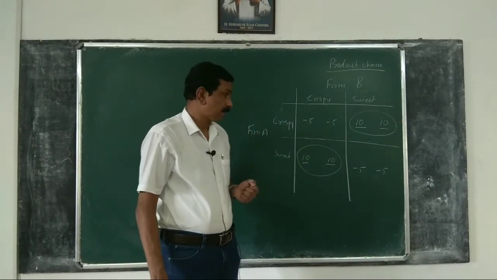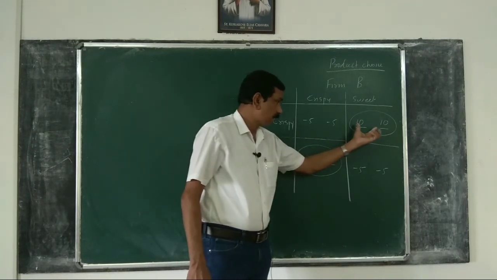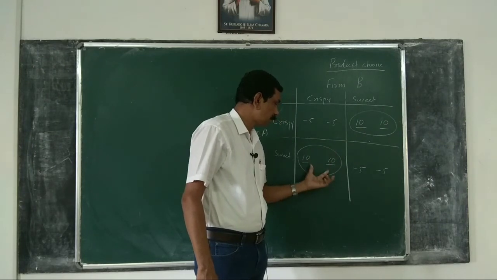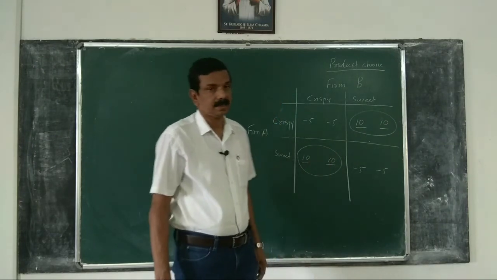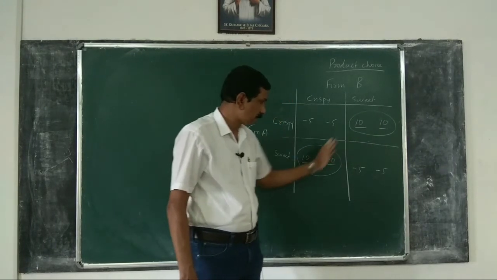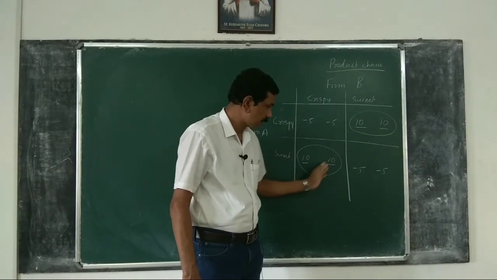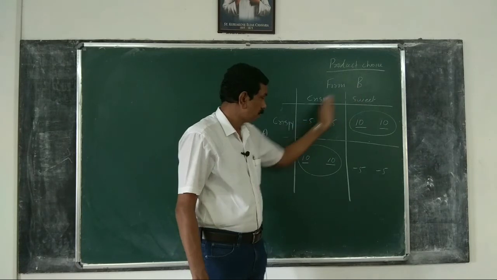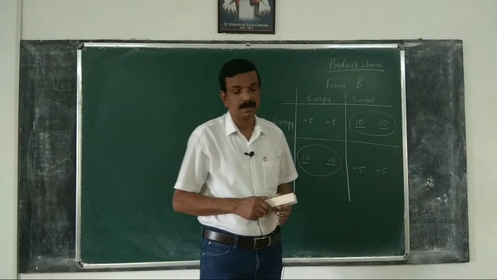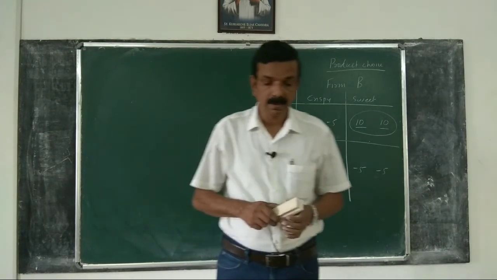And we cannot say whether they will reach this equilibrium or this equilibrium. What we can say is, once either this or this equilibrium is achieved, neither B nor A has an incentive to deviate. That is all we can say.